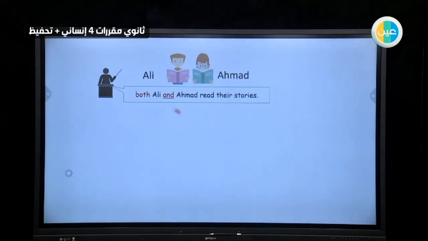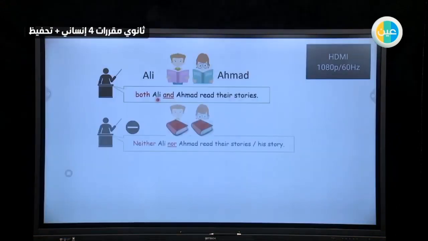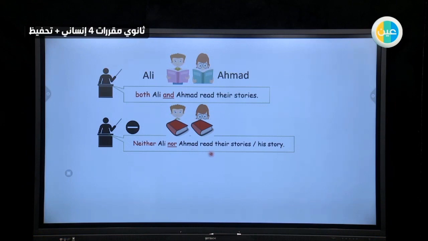Look here, for example, this is Ali and this is Ahmed. Both Ali and Ahmed read their stories. So we have here both, and here links the two words or phrases together. Neither Ali nor Ahmed read their stories.